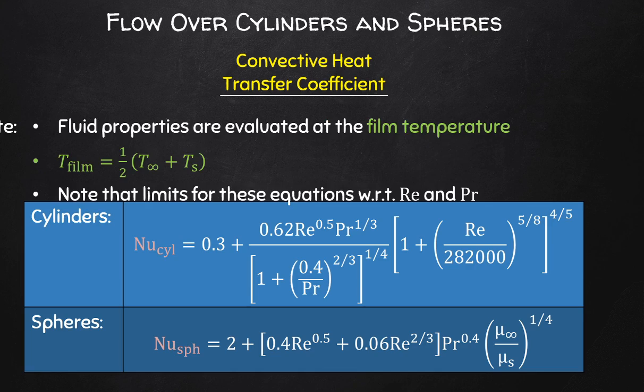It should also be remembered with all of these, also with internal convection and external convection, when you are determining Nusselt number, Reynolds number, etc., you must determine the fluid properties at the film temperature, which is the average between the surface temperature and the bulk temperature, Ts plus T infinity multiplied by a half.